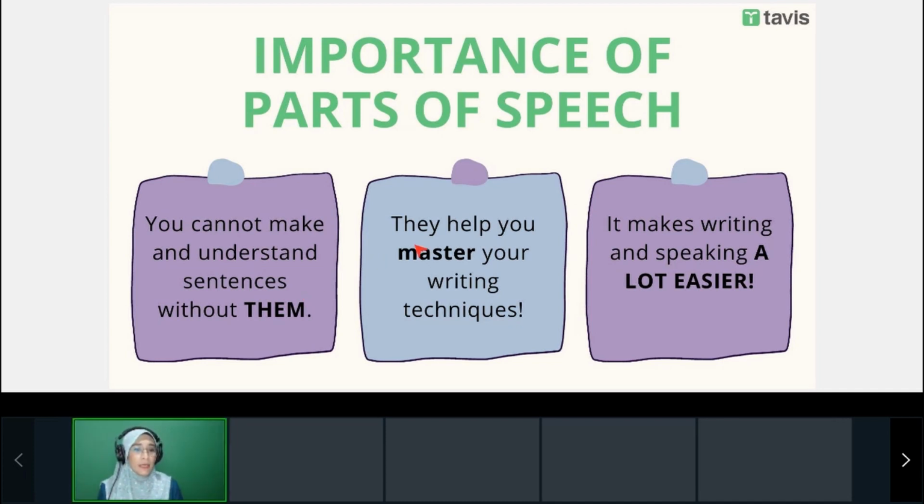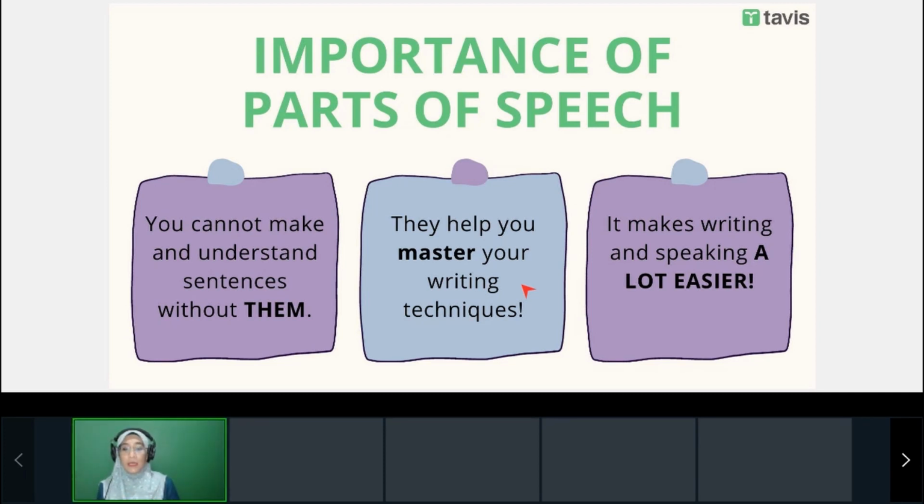Then they help you master your writing techniques. Definitely. When you know your words, your vocabulary, your grammar, it's always the best when it comes to your writing.